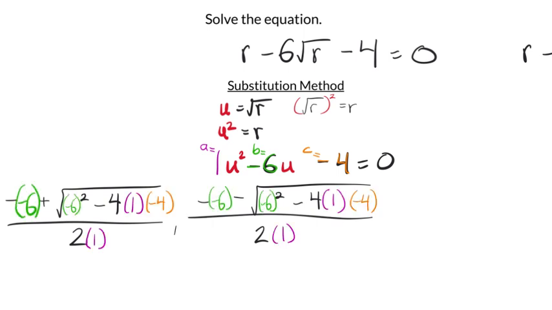Now remember, in this case, we are not solving for r yet. We are only solving for u. So when we put this into the calculator, we will have an answer for u, but not for r. So once we get that, we will have to actually do a little bit more work to find the r value. And when I put both of these into my calculator, these are the two answers that I got.